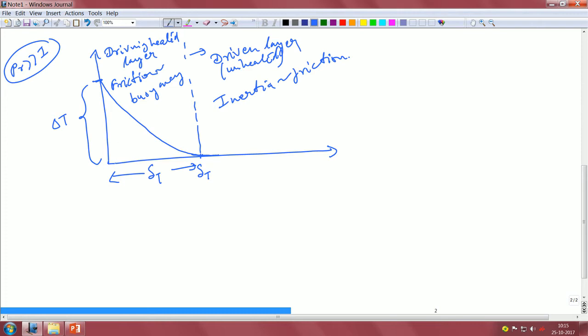So, in this particular case, if this is the scale of the velocity, this velocity will grow, and then decay at a certain distance, which is given by delta.